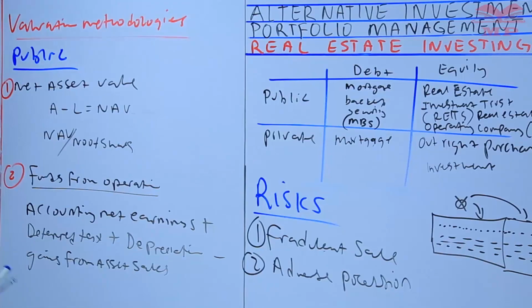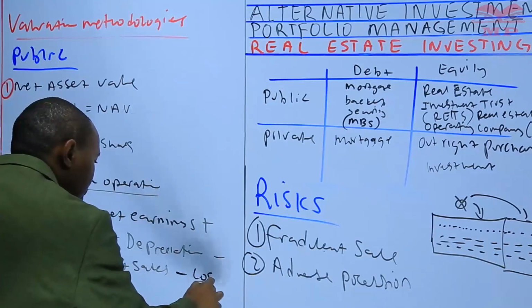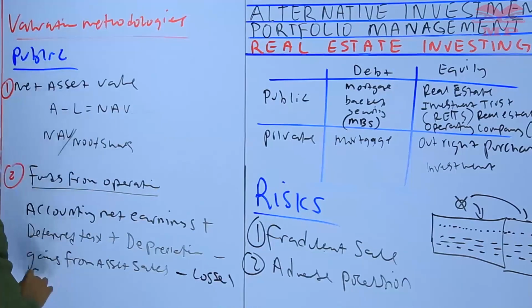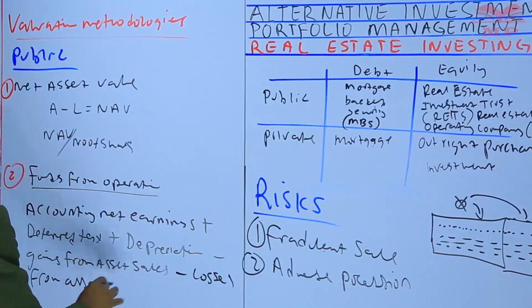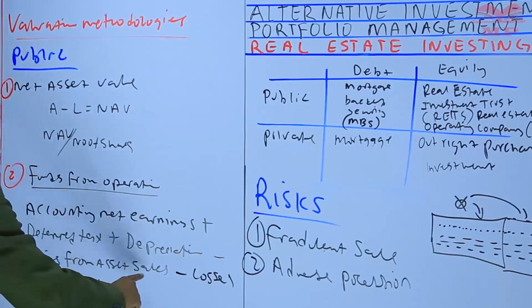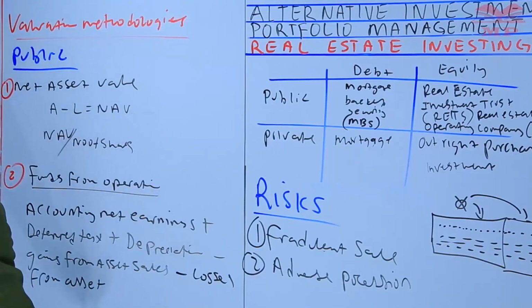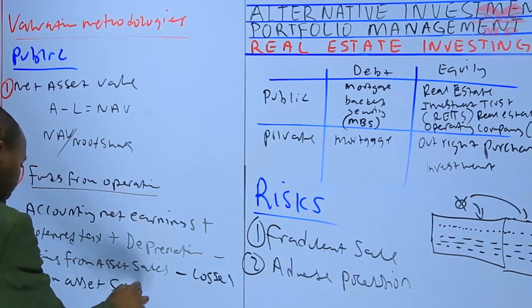And then we also subtract losses from asset sales. Less gains from asset sales, and we add losses from asset sales.